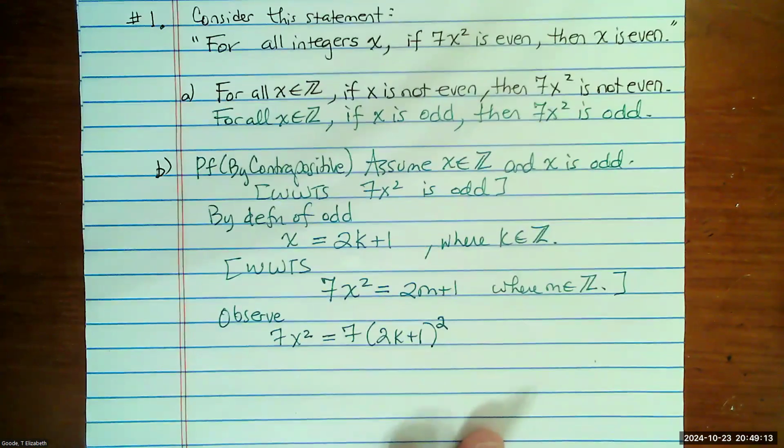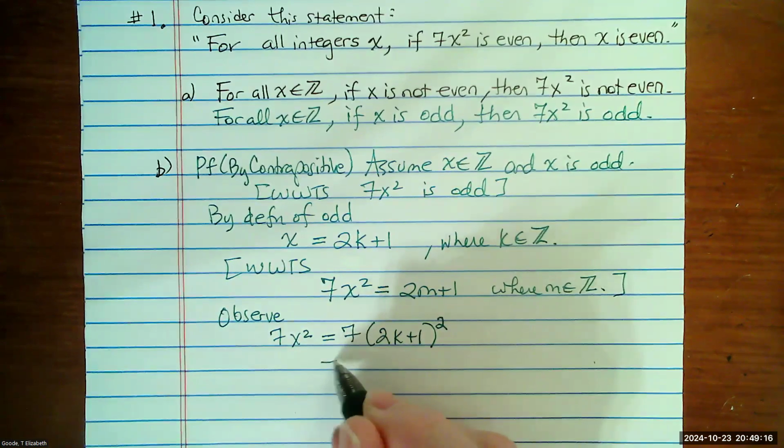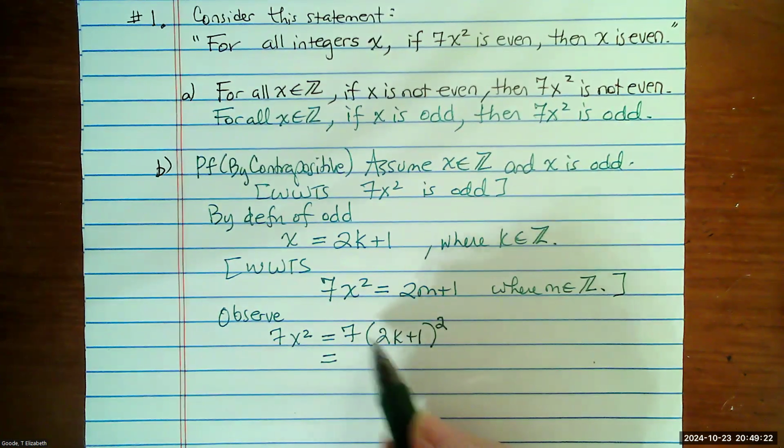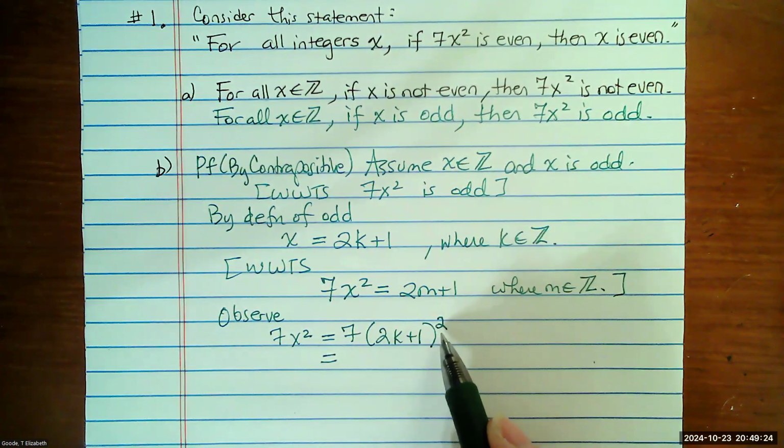And I distributed 7 and 1 to 14j plus 7. Nope, can't do that. Please excuse my dear Aunt Sally. Oh, dang. Parentheses, then exponent.